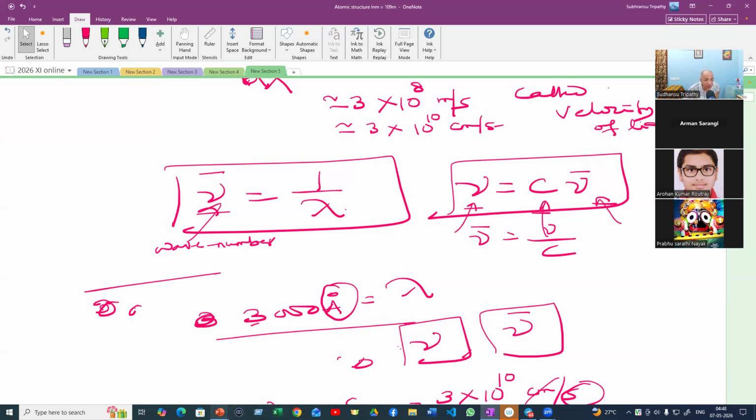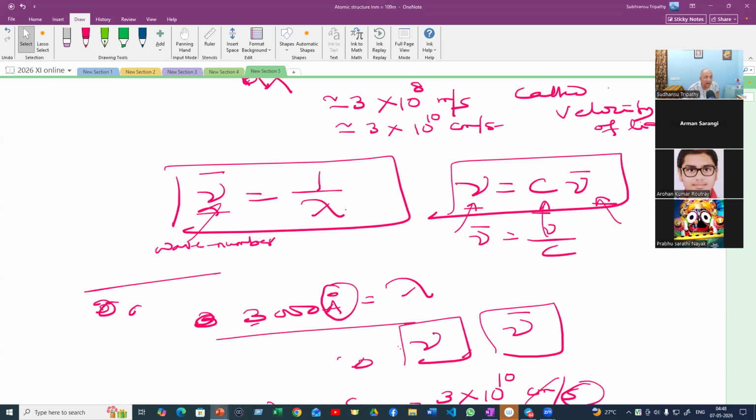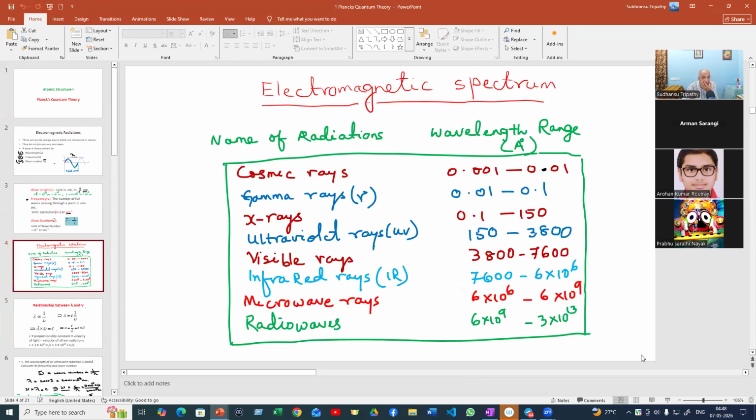Therefore, I told you to copy. Prabhu, this is very important. I asked nothing to copy, because you'll be solving a lot of problems. You maintain your notes at home. This is the thing which I told you to write down in my presence, because these are the 7 electromagnetic radiation categories.